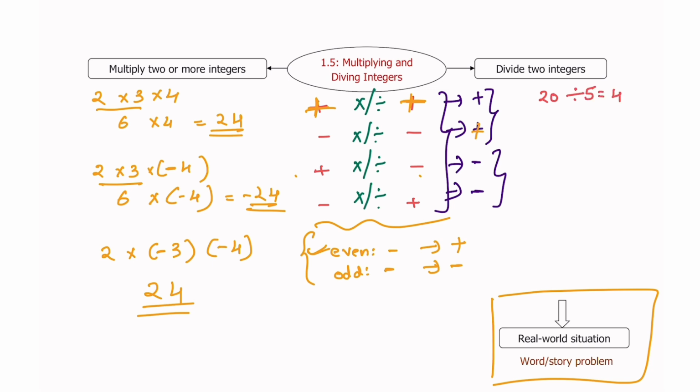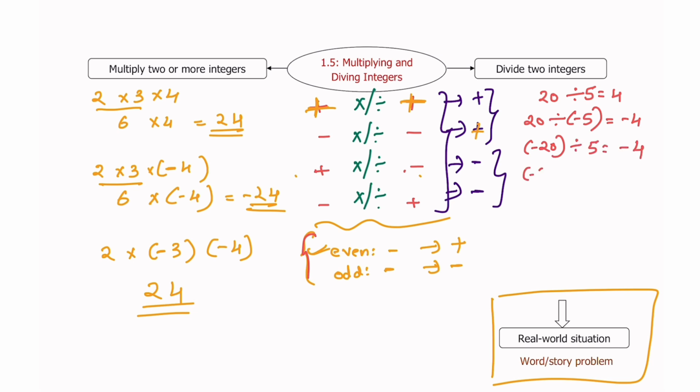The answer is positive. 20 divided by minus 5. Now we have plus divided by minus. So the answer has to be minus. And also looking at this formula here, odd number of negatives. So minus 4. Or if it was minus 20 divided by 5, it's still minus 4.